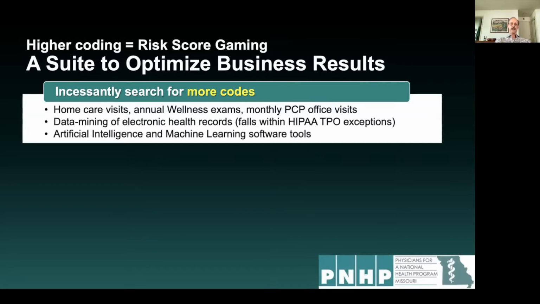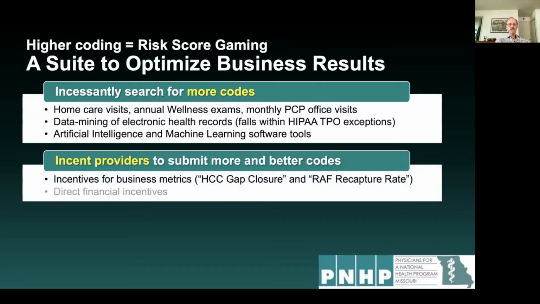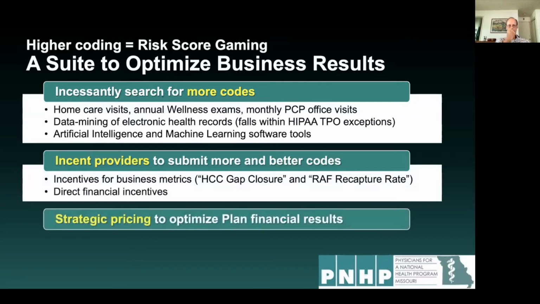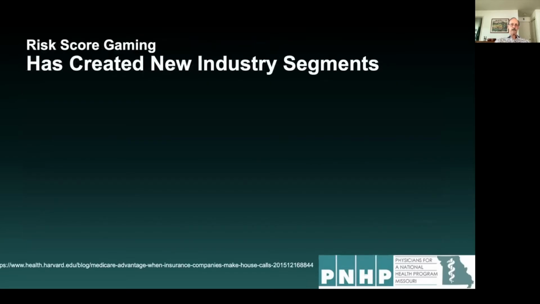They mine electronic health records. They use artificial intelligence and machine learning software tools. And they give providers incentives to submit more and better codes. Direct financial incentives. They have strategic pricing to optimize planned financial results, and the result is large profits.